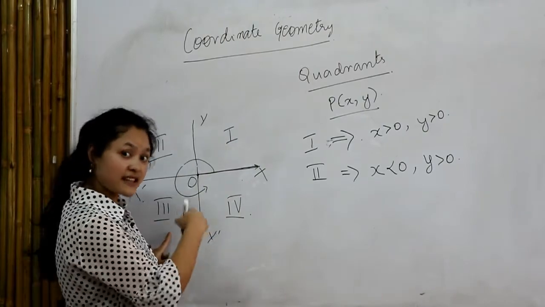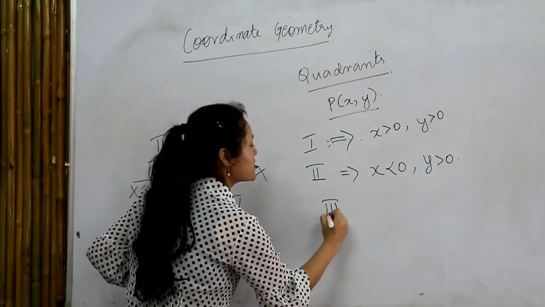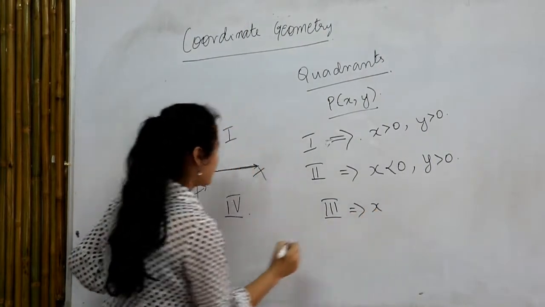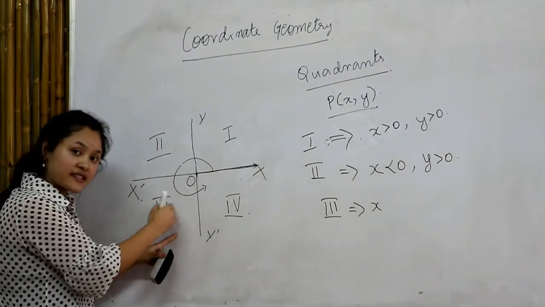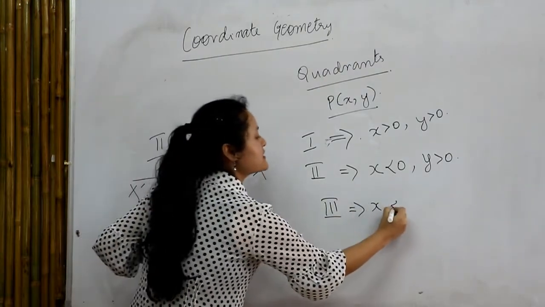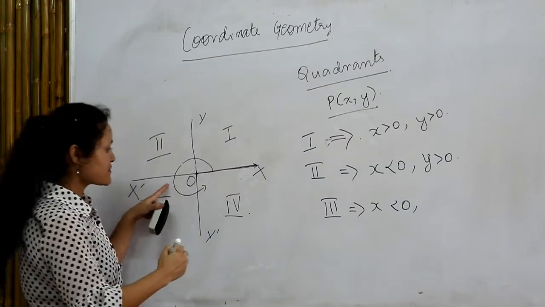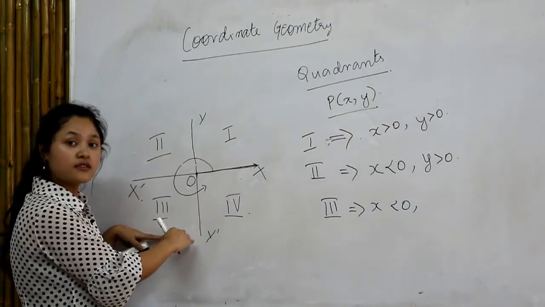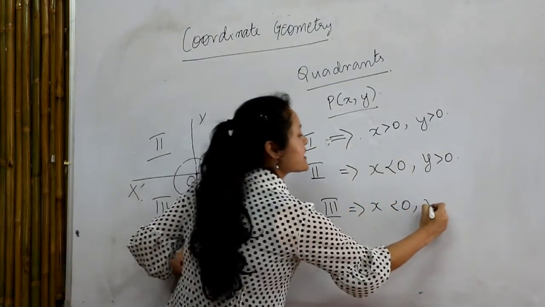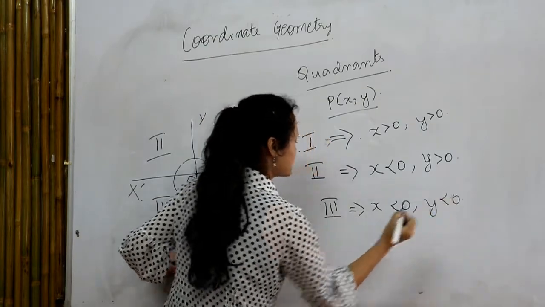If the point lies in the third quadrant, x is still measured towards the left of O, so x is negative. Y is measured below O, so the sign of y is negative.